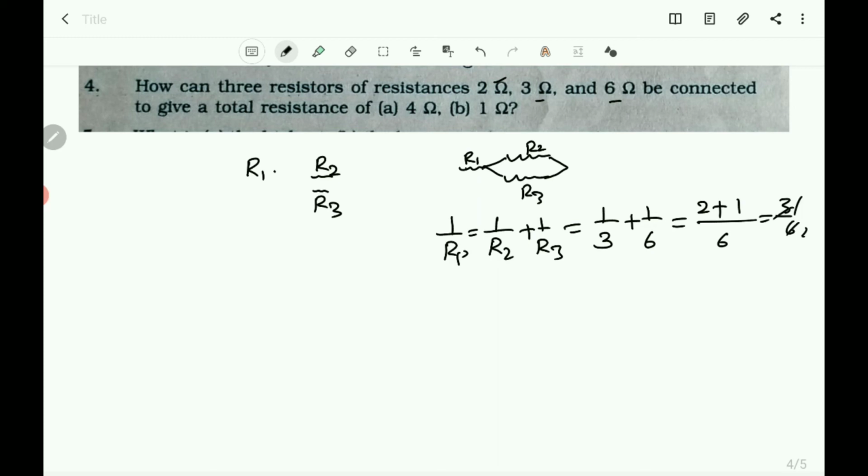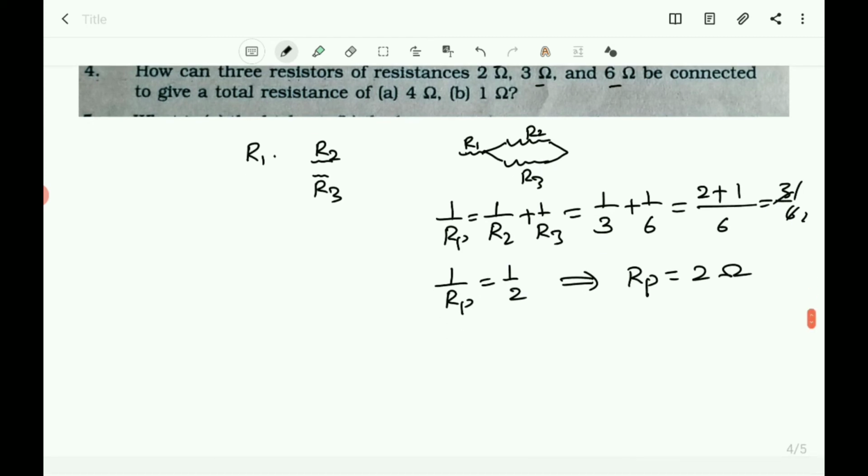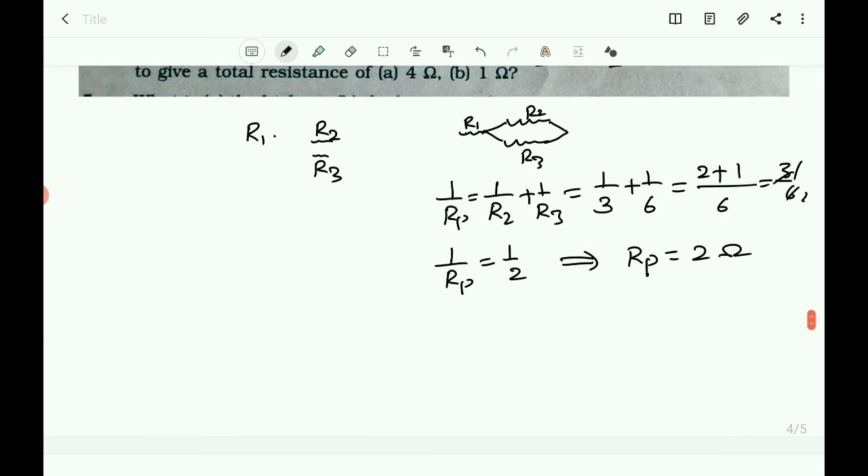So 1 by RP is equal to 1 by 2, which implies RP is equal to 2 ohm. So you got 2 ohm by connecting 3 ohm and 6 ohm in parallel, and again by connecting the 2 ohm resistance with this 2 ohm, that becomes total 2 plus 2.